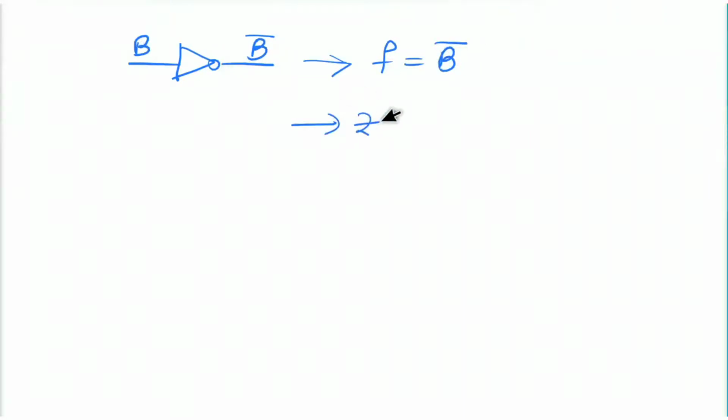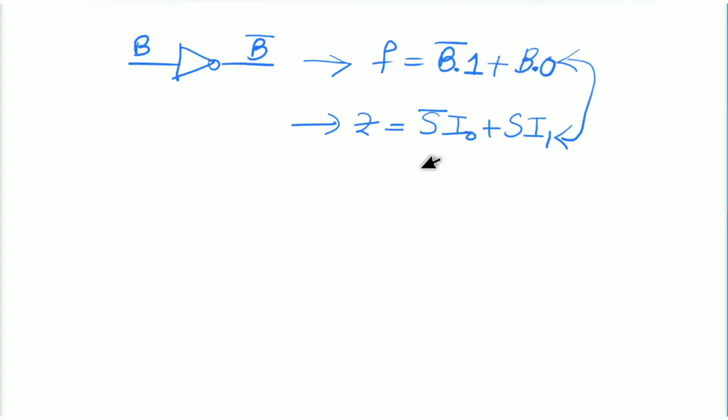Now I am comparing with Z, that is S bar I0 plus S I1. You need to map these two. So in order to map these two, let me write like this: B bar dot 1, obviously it will give B bar only, plus B dot 0. If I choose S equal to B, the S bar can be mapped to this B bar, and there must be a plus term.